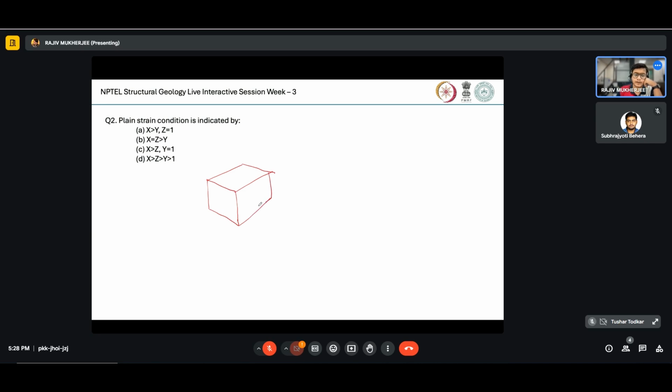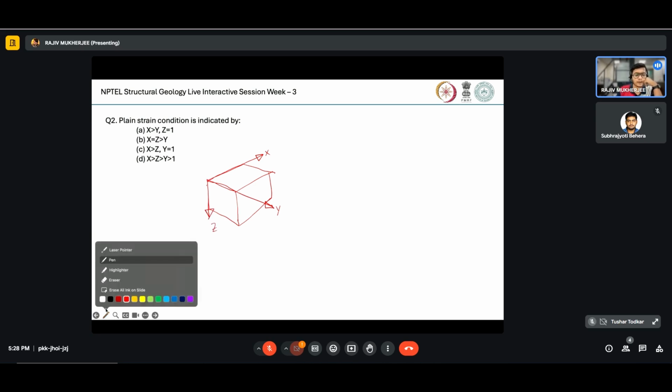And if we assign certain directions such as this is x, this is y, and this is z, so the deformation for plane strain will happen like this.